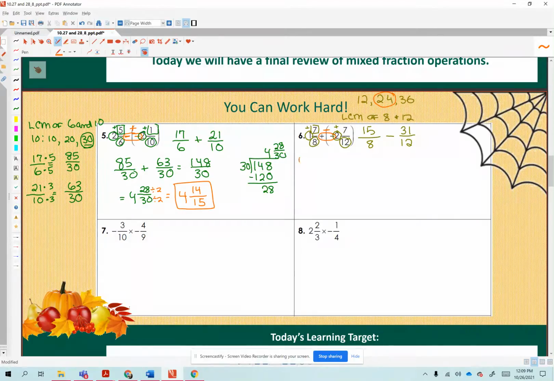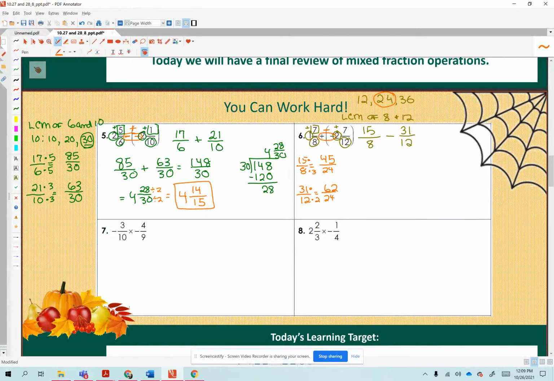So 15 over 8 and 31 over 12. I know that 8 times 3 is 24, so I'll also multiply the numerator by 3, which would give me 45 over 24. And in the case of the 12, I know that 12 times 2 is 24, so I will multiply the 31 times 2, which gives me 62.